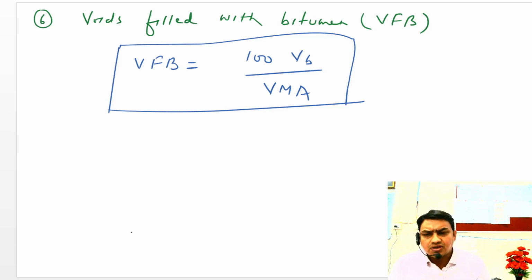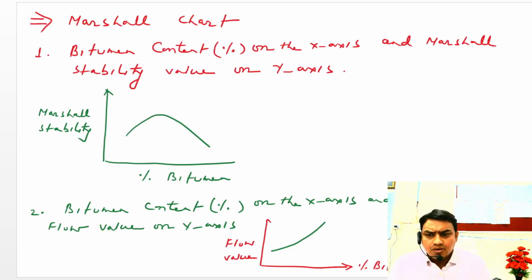So these are the different charts drawn in the Marshall method. The first Marshall chart is bitumen content on the x-axis and Marshall stability value on the y-axis, and this is called the stability chart. With the help of maximum Marshall stability value, the bitumen content can be computed.